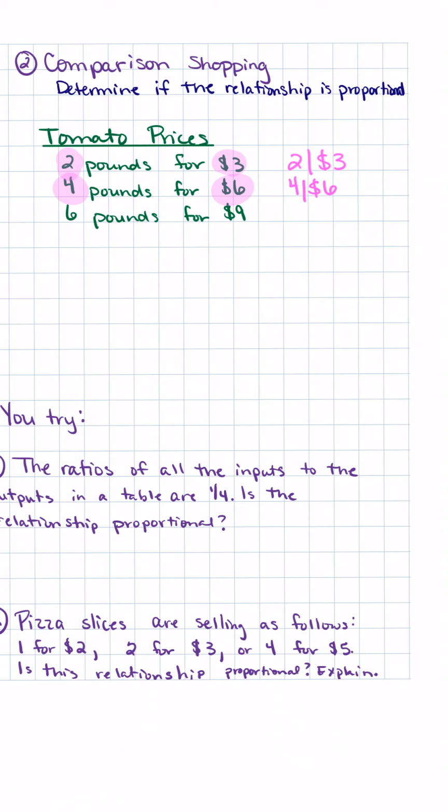Those can be reduced. We divide them both by 2. We get 2 to 3. Oops, those look like they're the same. And then we have 6 to 9. Both those numbers can be divided by 3. 6 divided by 3 is 2. 9 divided by 3 is 3.